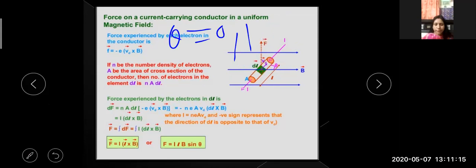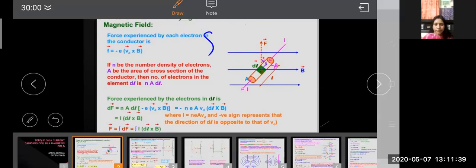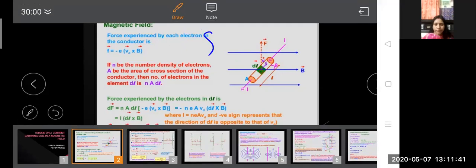So we can say a linear conductor carrying a current, if placed parallel to the direction of magnetic field, experiences no force, right? And if theta is 90 degrees, then we know that sine 90 is 1.